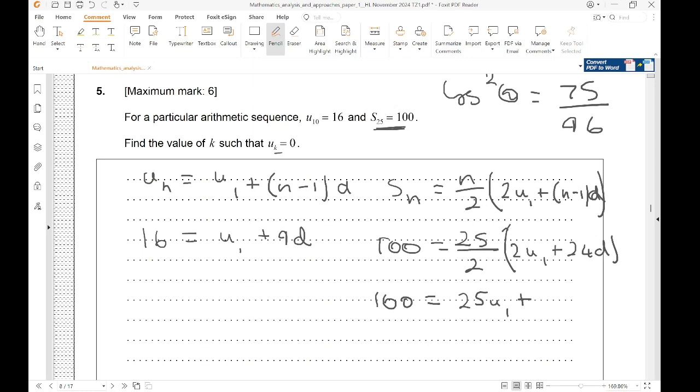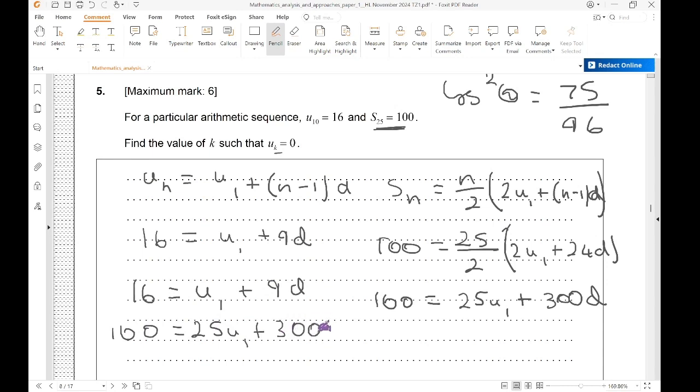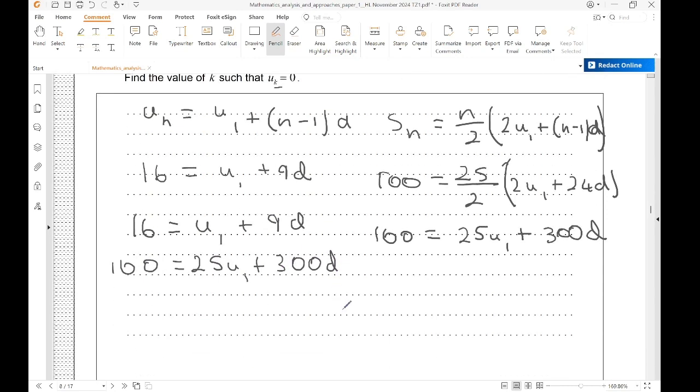So you have to solve it simultaneously. Once you expand this, you should get 25u1 plus 300d. So 16 is equal to u1 plus 9d, and 100 is equal to 25u1 plus 300d. And then you have to simplify it accordingly.